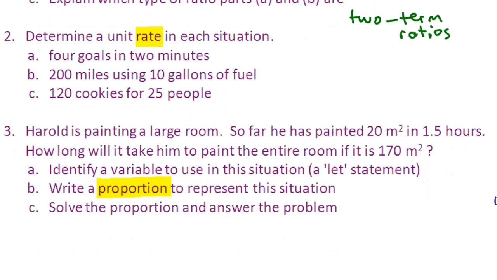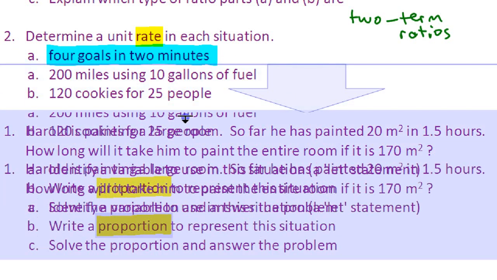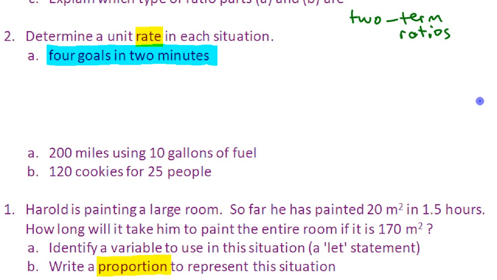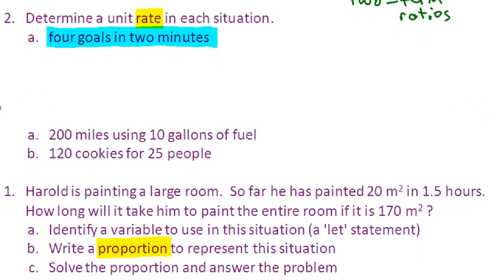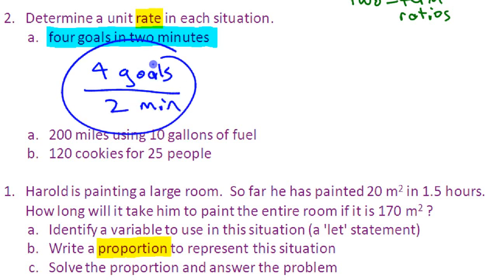The second thing here, talking about unit rates, you could write a rate for this. To write it as a rate, first of all, before we write it as a unit rate, write it as a fraction, right? 4 goals in 2 minutes. This is a rate because it's a comparison of quantities that have different units.